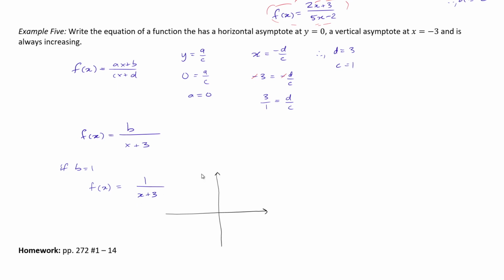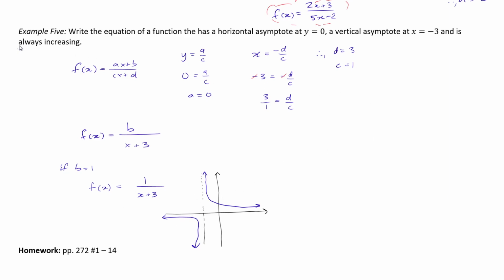So that means, okay, that's my reciprocal parent function just shifted over to the left 3 units, right? That's what that is right there. Right, so this is your parent reciprocal function, 1 over x, and then because there is a horizontal translation 3 units to the left, that's what I would have.